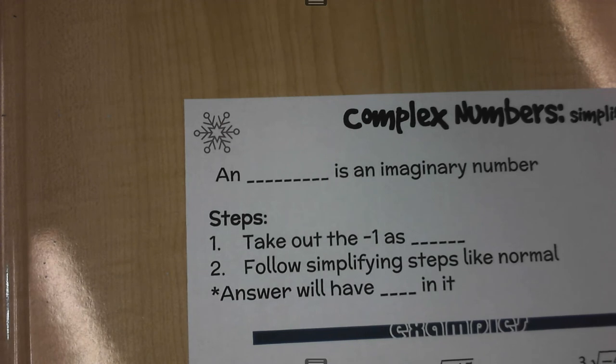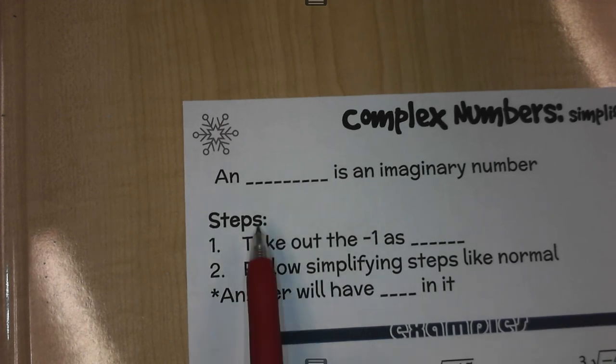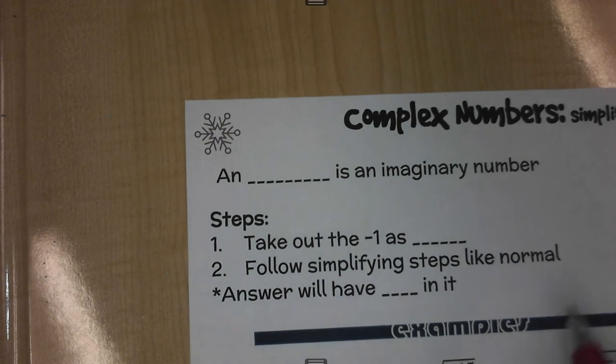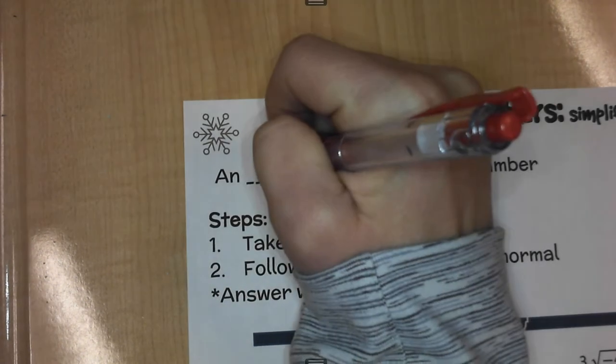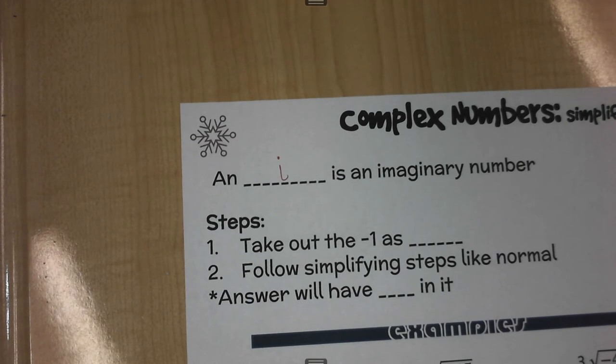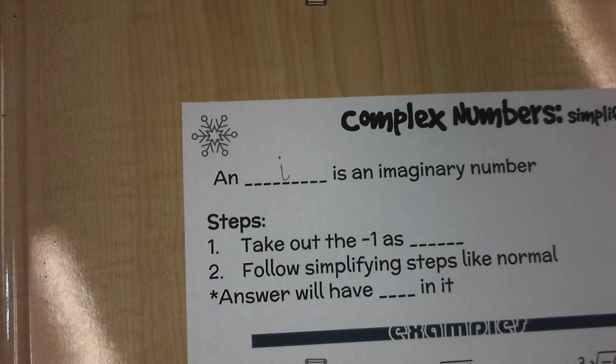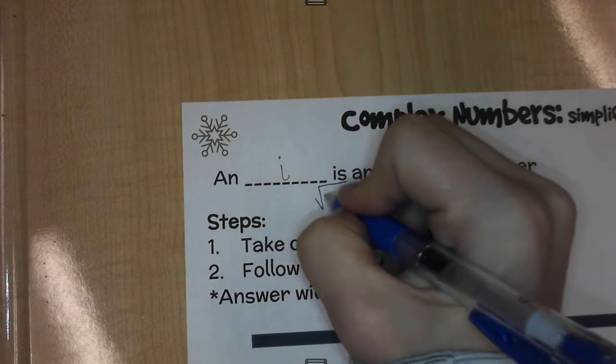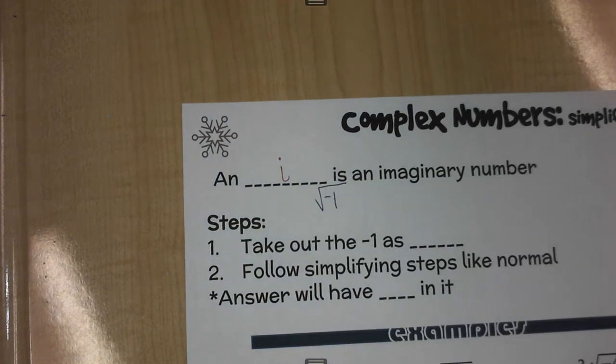So, up at the top, our notes. When we see this little i, that means it's an imaginary number. And a negative 1 underneath the radical gives you an imaginary number.